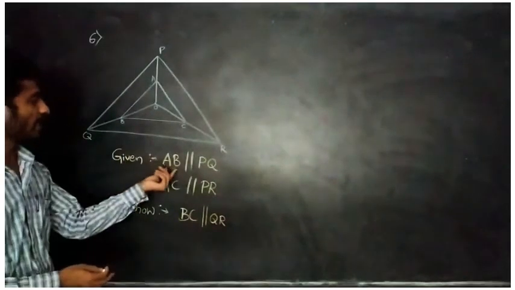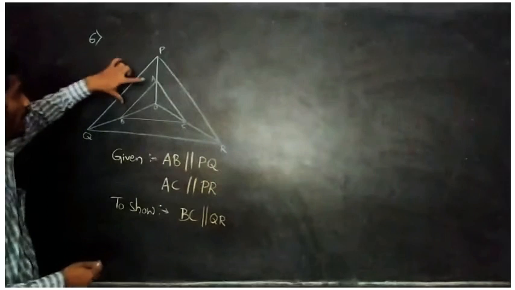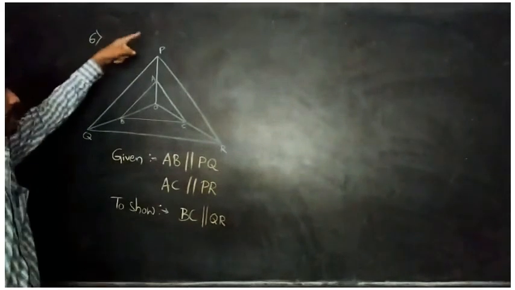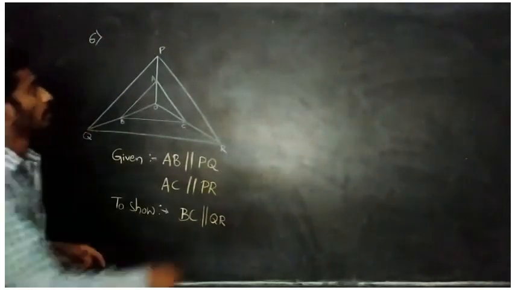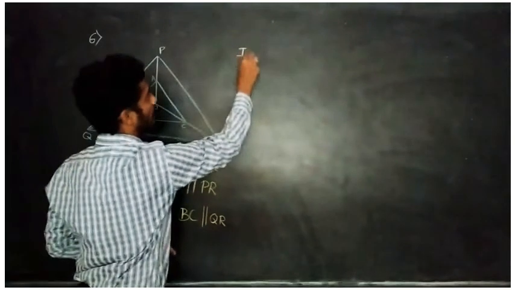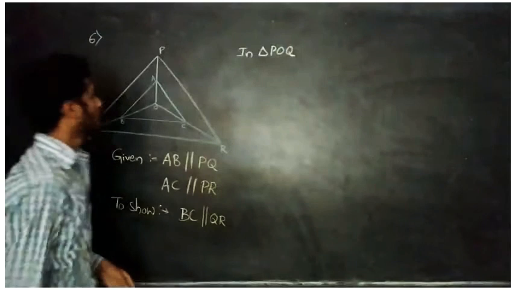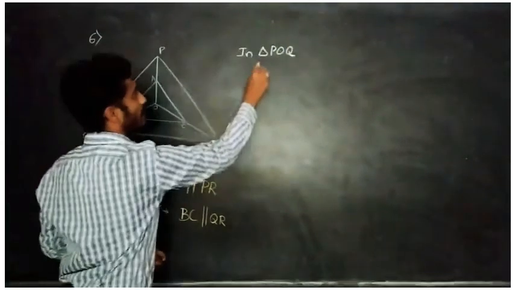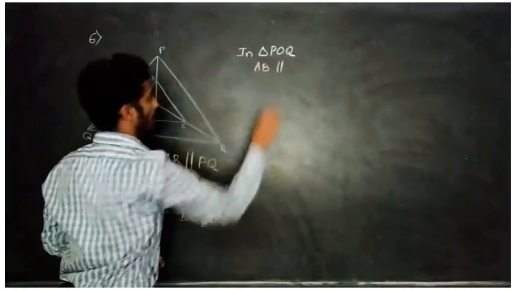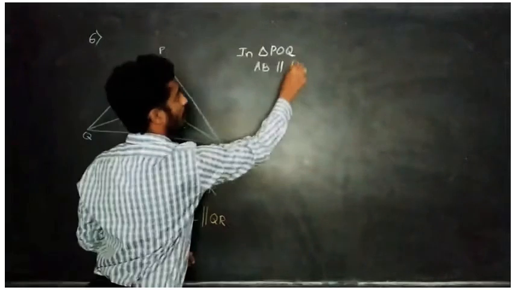Okay. So first you take AB parallel to PQ. Where is AB parallel? AB is parallel to PQ in triangle POQ. So let's write, in triangle POQ, the given AB is parallel to PQ.